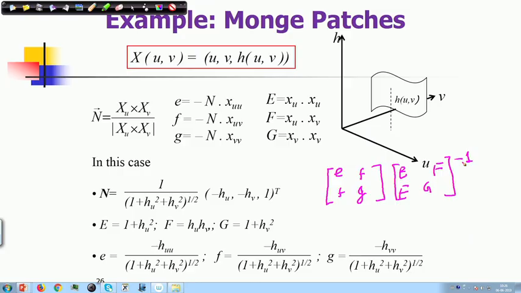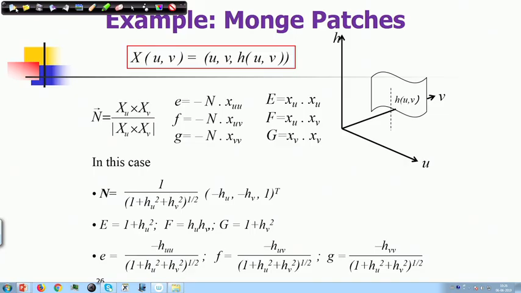So, you can compute those quantities and then take half of the trace of the matrix, and the determinant of the matrix, then you can get the mean curvature and Gaussian curvature. And from there you can also get the principal curvatures.